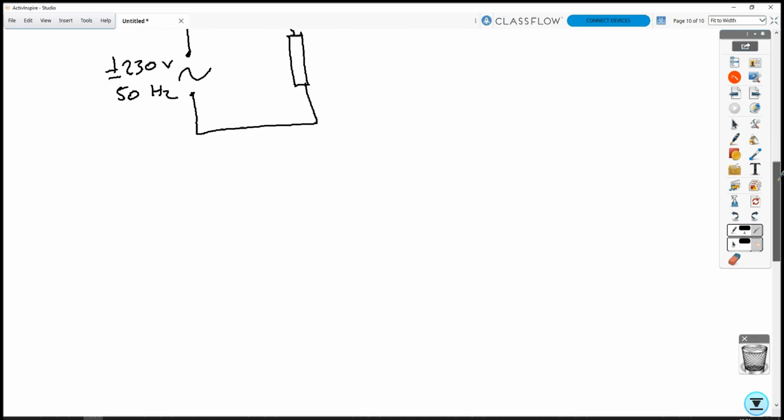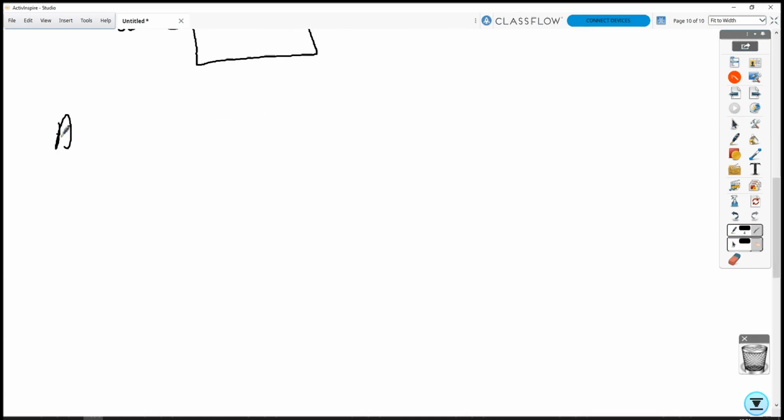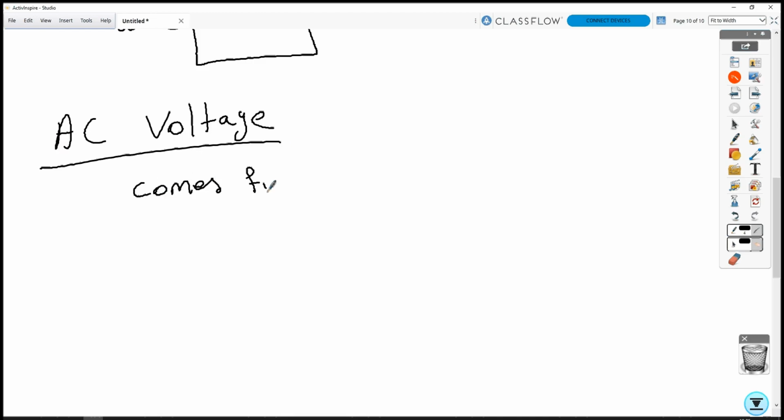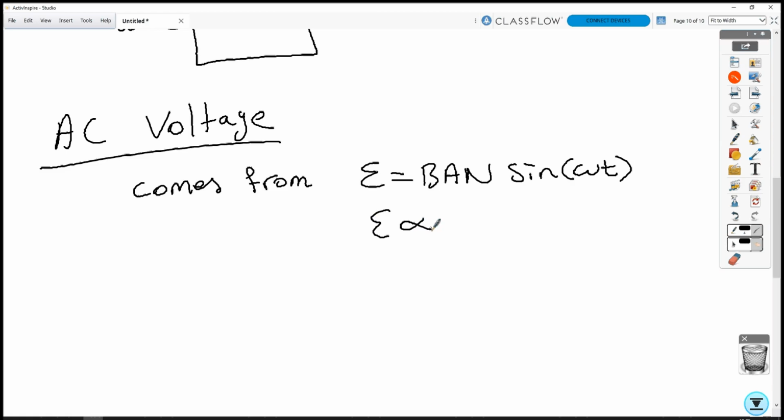So let's draw that. So your AC voltage comes from BAN sin ωt. So epsilon is proportional to sin(ωt).